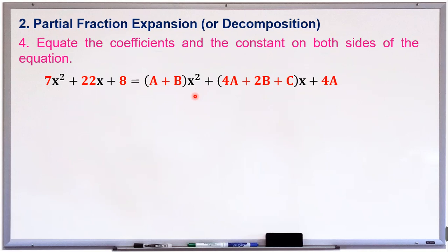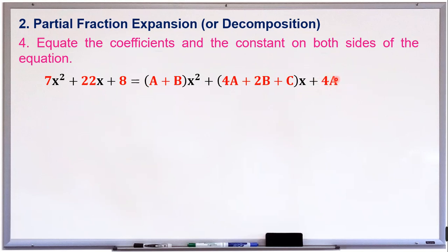So A plus B should be equal to 7. And then for the coefficient of x, that is 4A plus 2B plus C, it should be equal to the coefficient of x on the left side, that is 22. And also, the constant on the right side of the equation, that is 4A, should be equal to the constant on the left side of the equation, and that is 8.